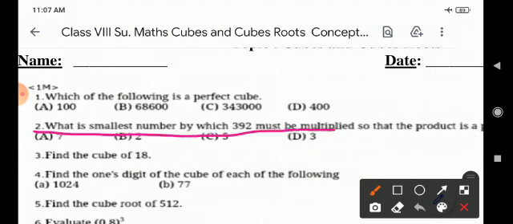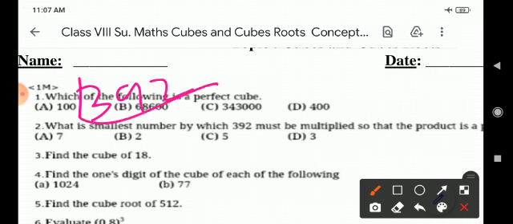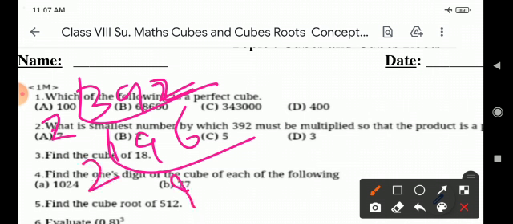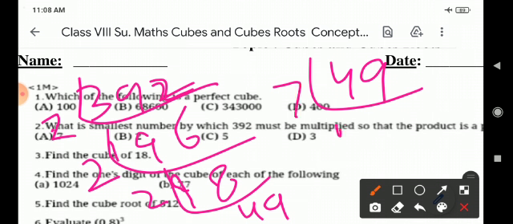Children, factors of 392: 2, 2, 2, 7, 7. 7 sevens are 49.